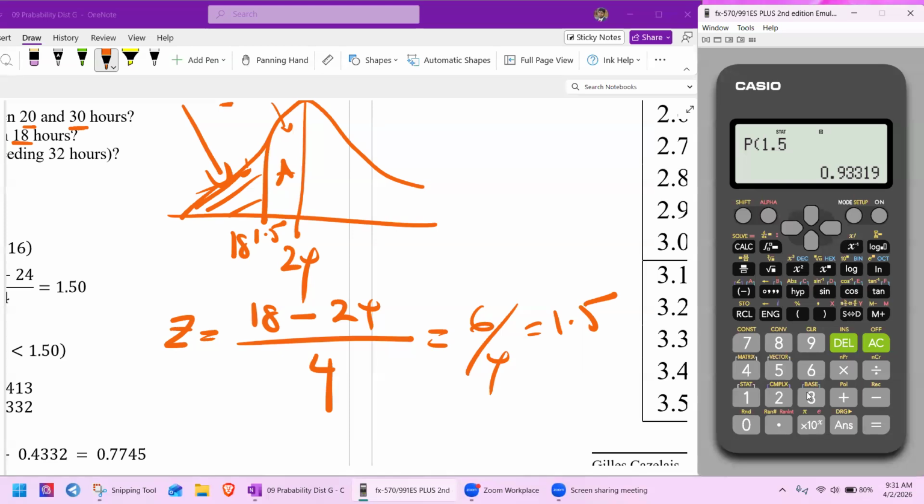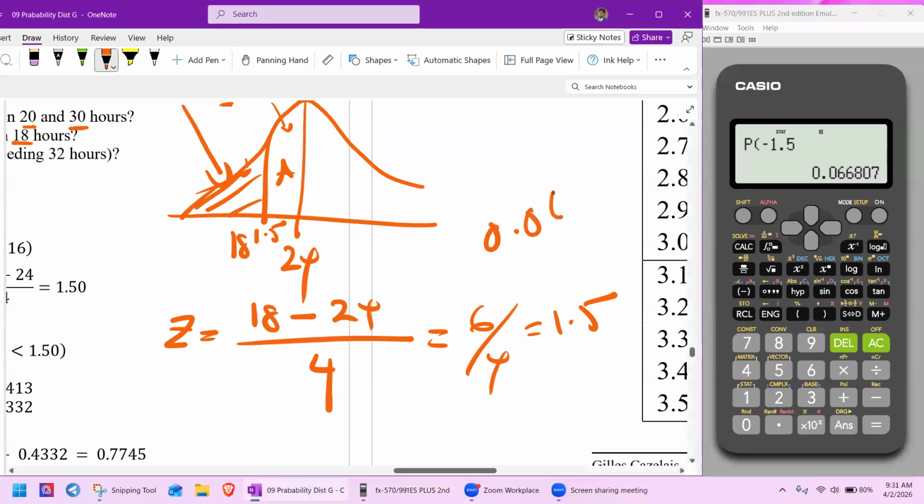Sorry, actually it's a minus value. It equals 0.0668. So it means there is a 6.68% chance to deliver the item within 18 hours.